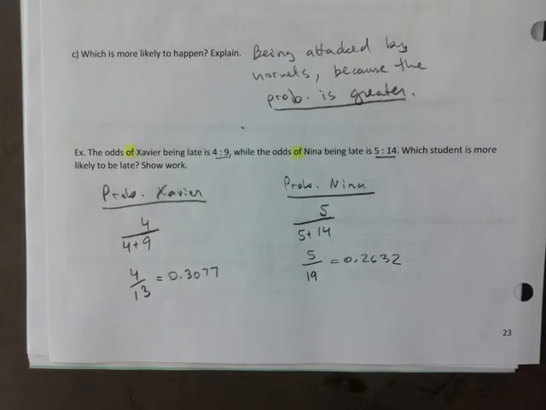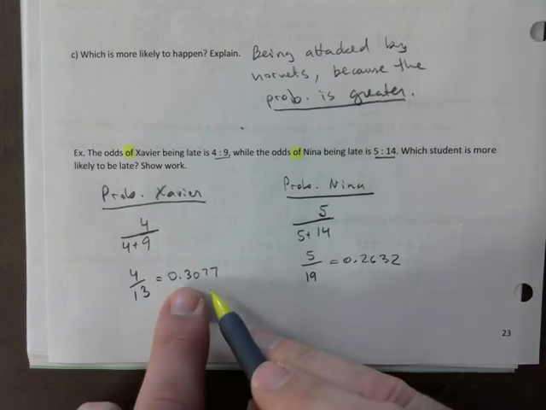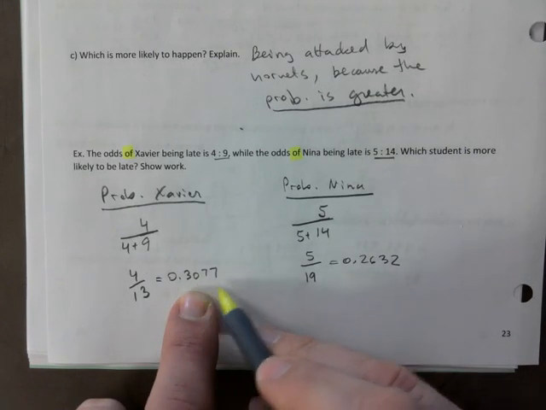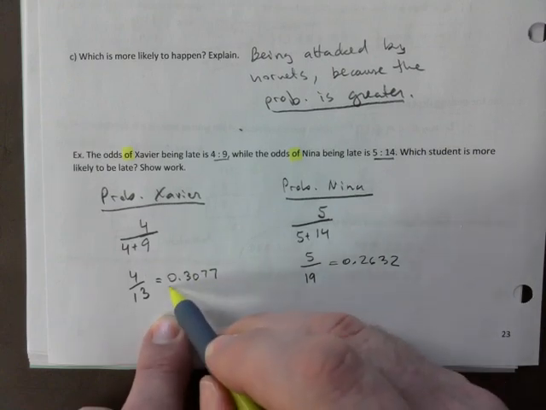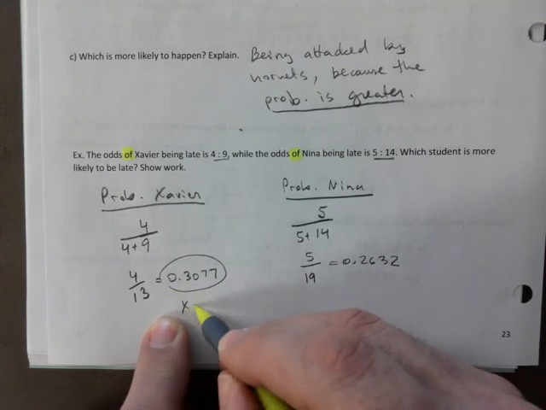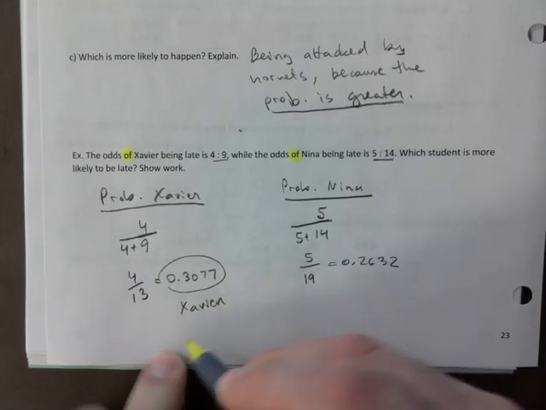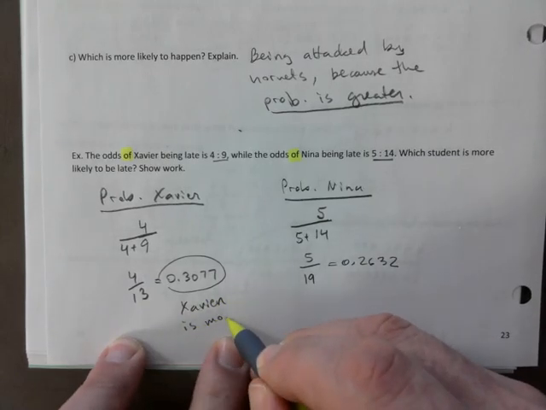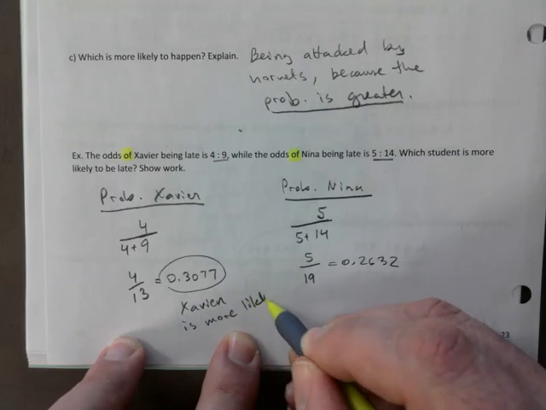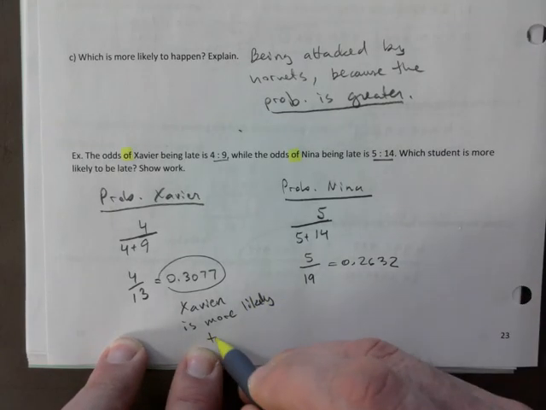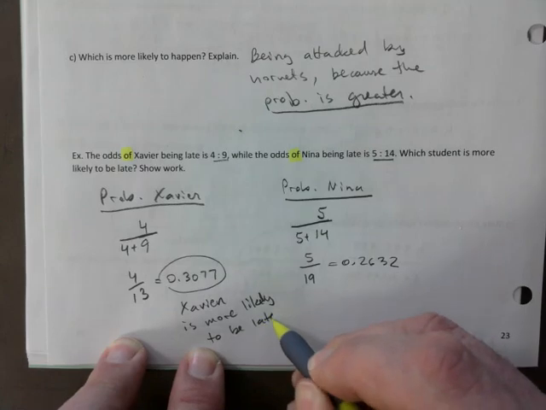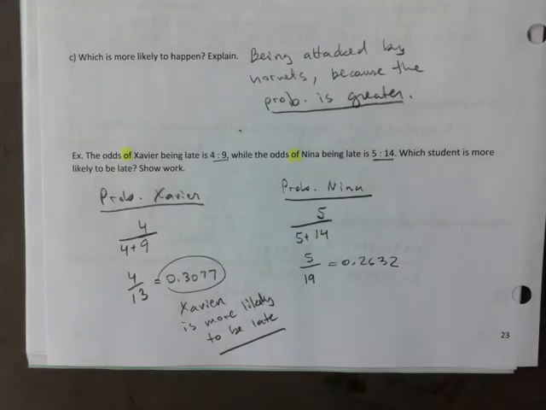And I hope that at this point you would be able to tell, right? More likely to be late. Xavier is more likely to be late.